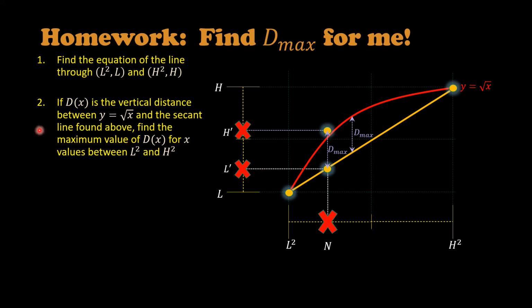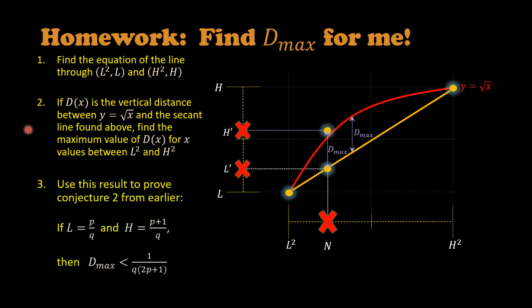And what's nice is if you just write it in terms of L and H, it's actually a nice and simple form. And then the last thing is we can use this to prove conjecture 2 from earlier. I've got a little cleaned up version right here, where once you figure out this d max, if you set L equal to P over Q and H equal to P plus 1 over Q, then this d max, because the d max is basically the error in our upper and lower bound, is less than 1 over, this is what Q prime was, the Q times 2P plus 1.